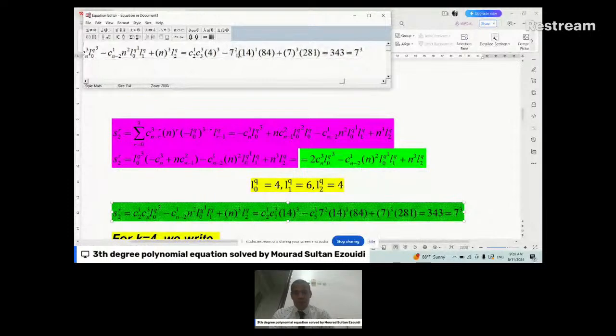Okay, this is a 3, because you are working with third degree. This is 4, this is 6, and this is 3 cubed, times 4. Okay, this one has to be equal to 20.